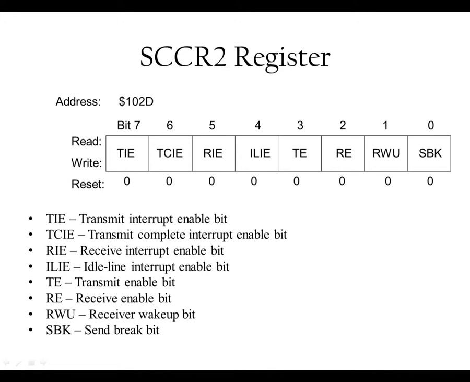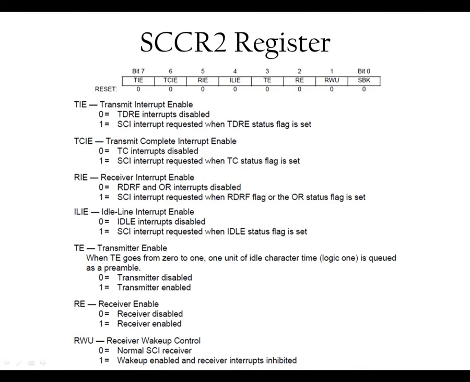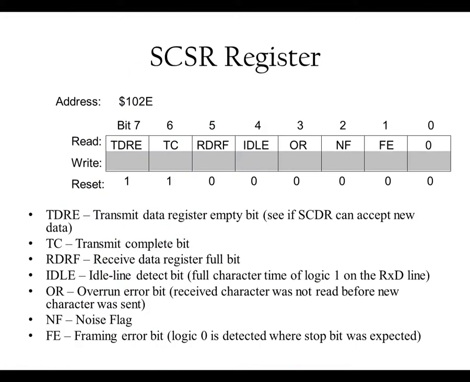Whenever you write the code, it will look like you are just working with a memory location. But this location is not a regular memory location, because it is reserved for the serial communication control register 2. So that's how each and every special purpose register has an independent address, but you can use this address just as a regular address.